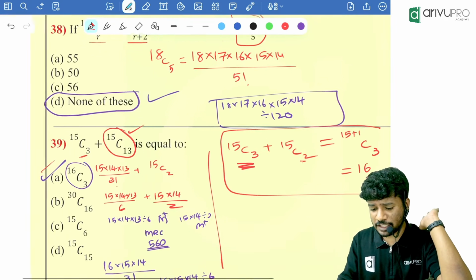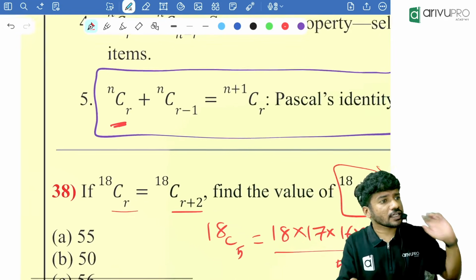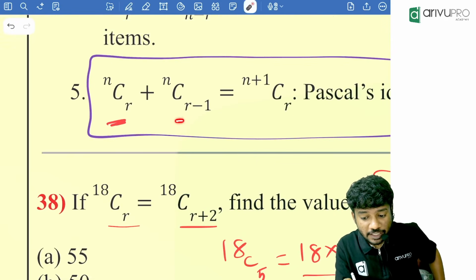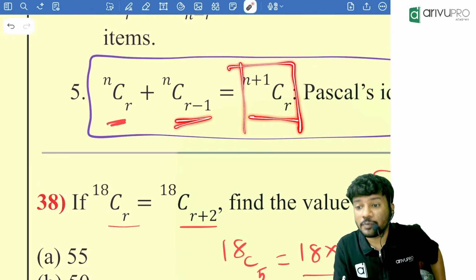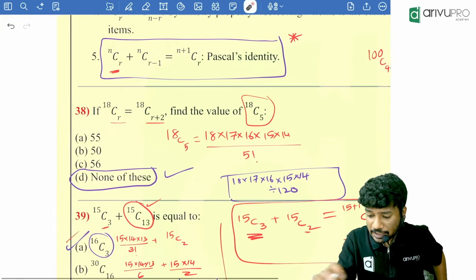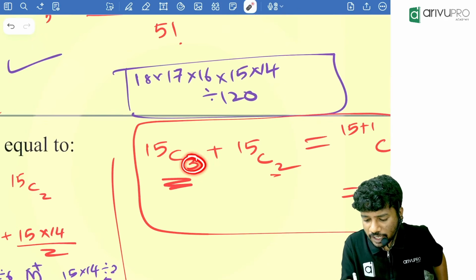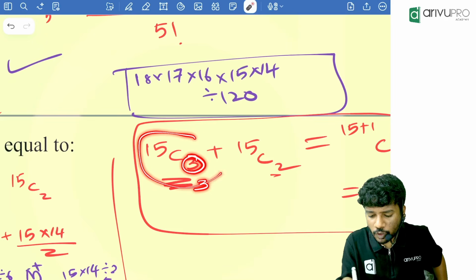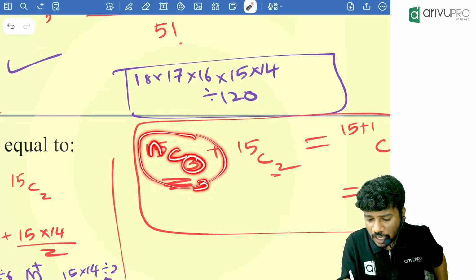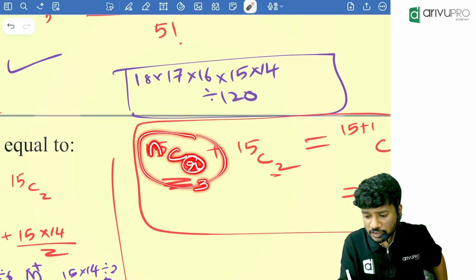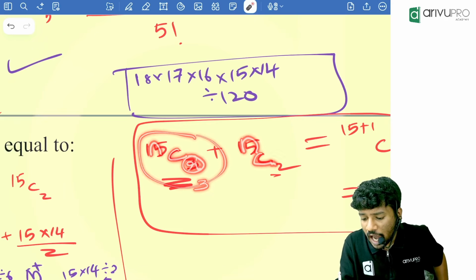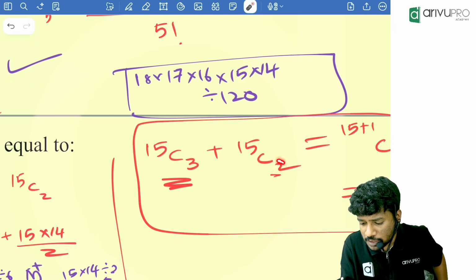Now, Pascal's identity says what? nCr plus nC(r-1) is equal to (n+1)Cr. Here, the n value is 15 and the r value is 3. Now this is nC(r-1) only, right? Why r minus 1? 3 minus 1 is equal to 2.